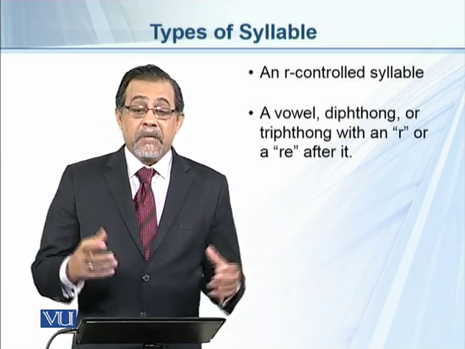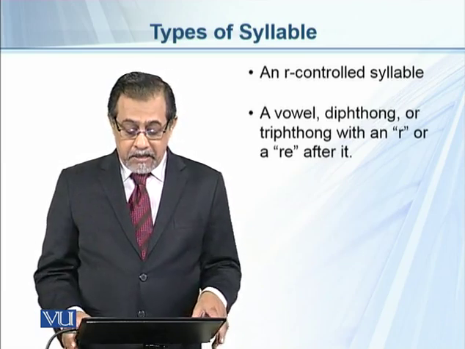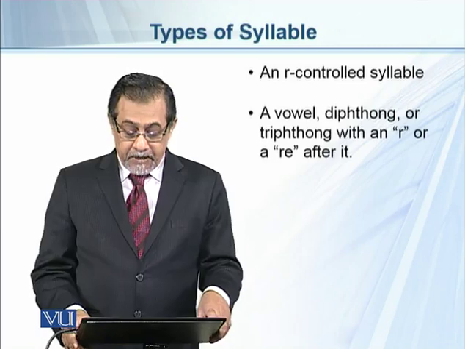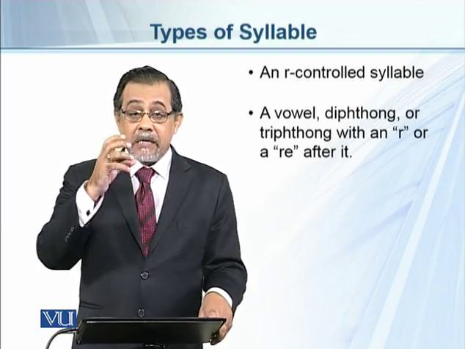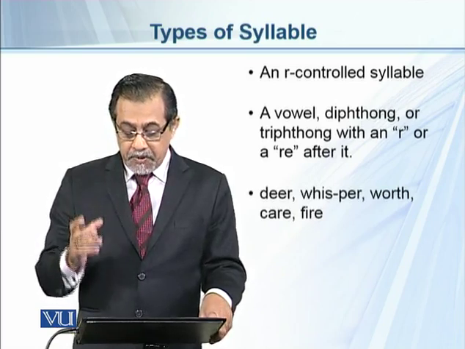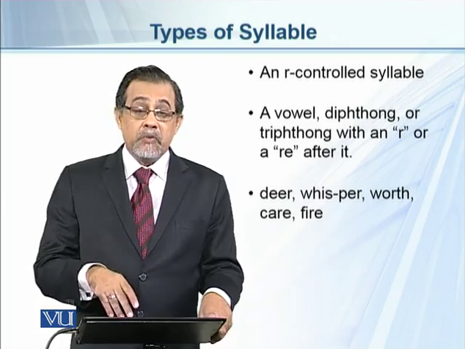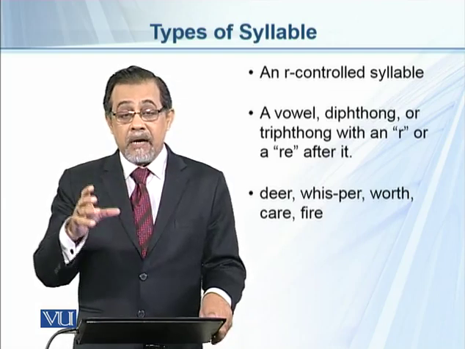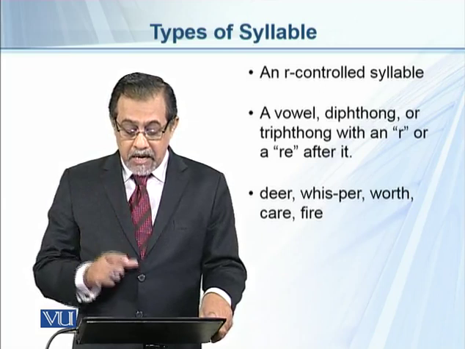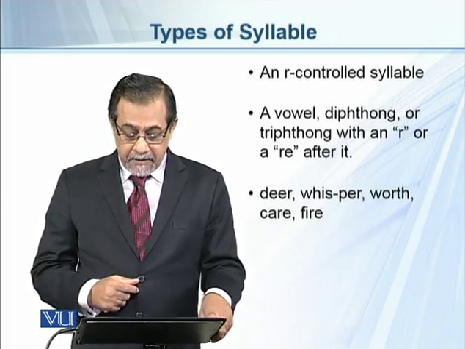For example, in the word hour, we have a triphthong, so it is called an R-controlled syllable. For example, dear, whisper, worth, care, and fire. All these words have R or R-E after the vowel sound, so they are called R-controlled.